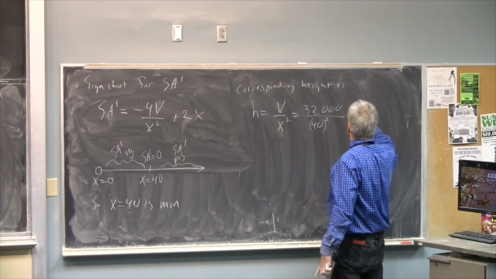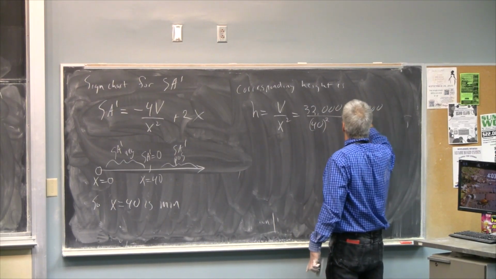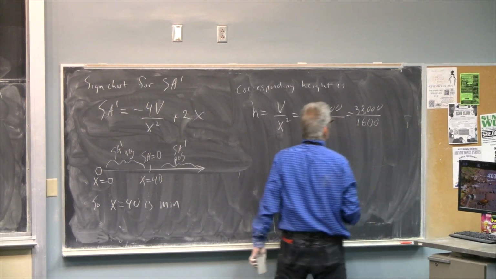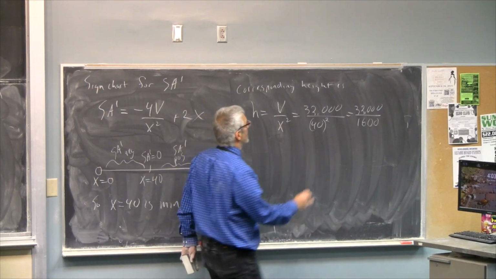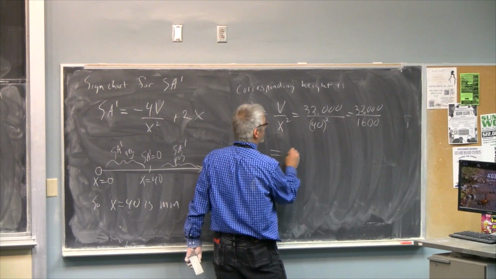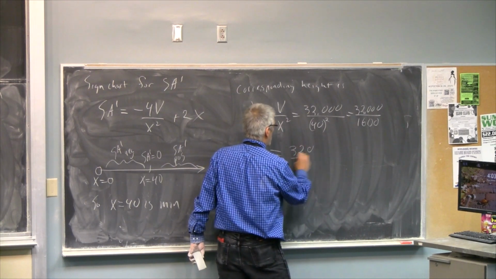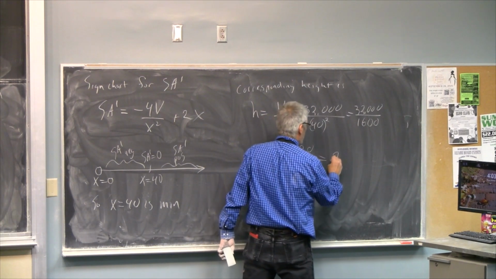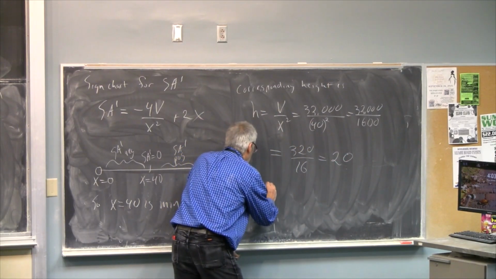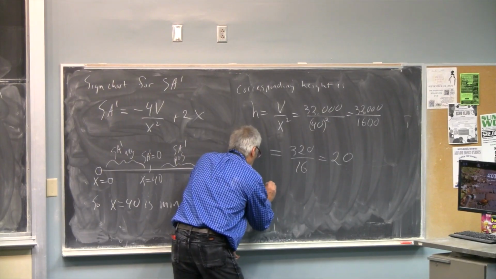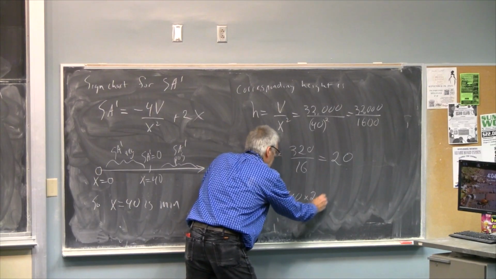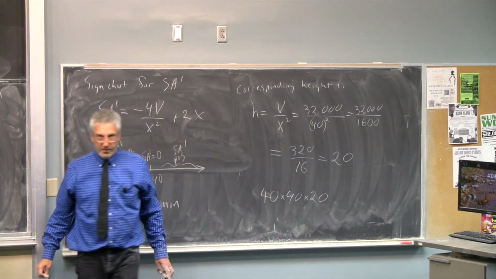So that's going to be 32,000 over 1600. The bunch of zeros are going to cancel. That's going to be 320 over 16, so that's 20. So the dimensions are 40 by 40 by 20 for the dimensions of the box.